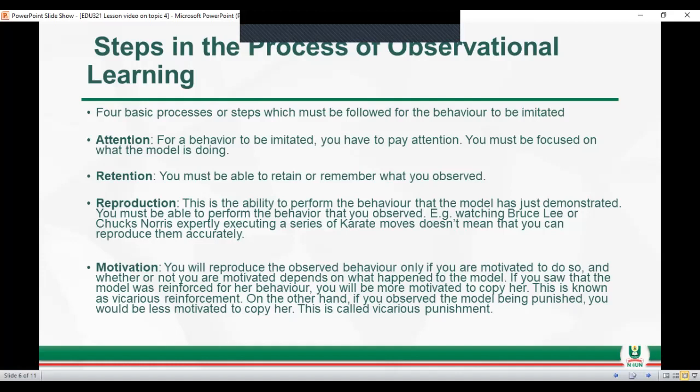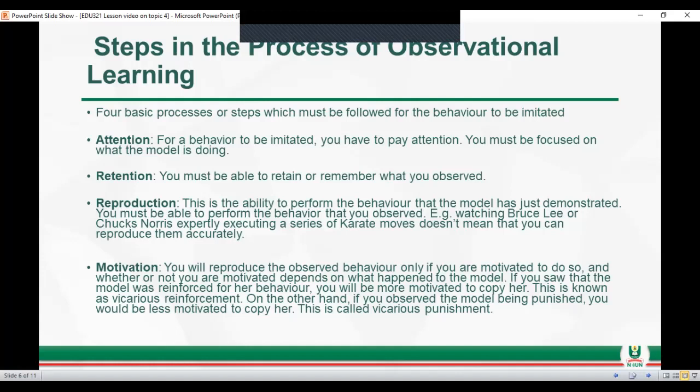Then the fourth factor that must be followed for a behavior to be imitated is motivation. You will reproduce the observed behavior only if you are motivated to do so. And whether or not you are motivated depends on what happened to the model.